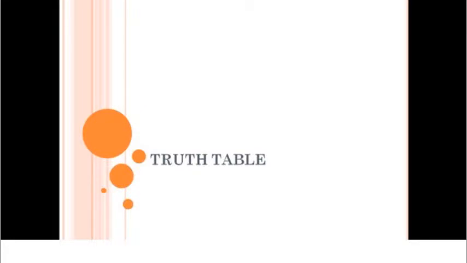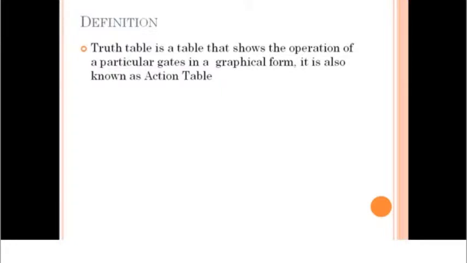Okay, all right. Welcome back. We'll be looking at what a truth table is. Truth table, was that what I said? Yes, truth table. Okay, what is the truth about the table? We'll get to understand. Of course, it's a table, and let's see how truthful it is. So, the definition of a truth table: it is a table that shows the operation.